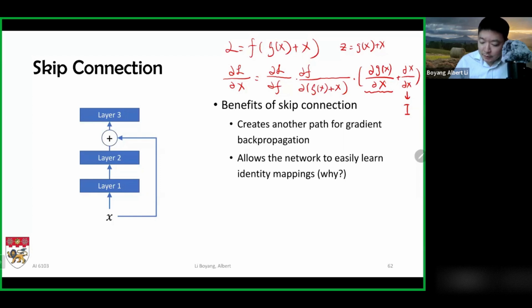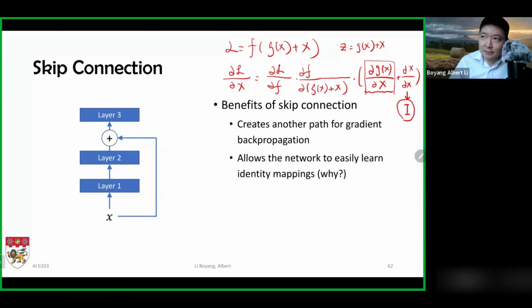Okay, but if we have this skip connection, that allows us to add this identity matrix to perhaps this matrix whose norm, by some definition of norm, is small.